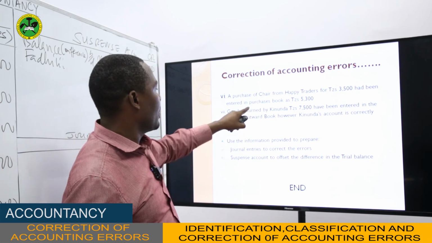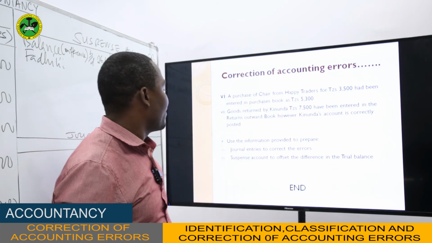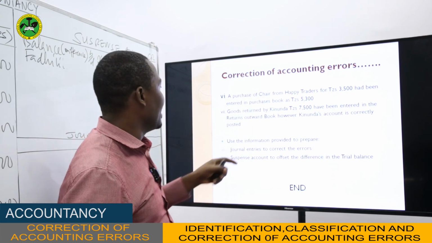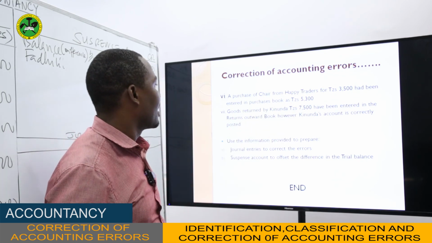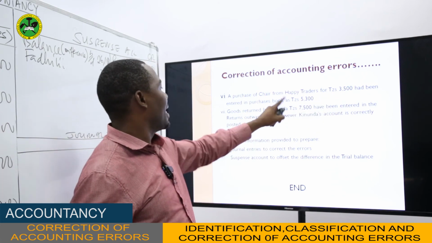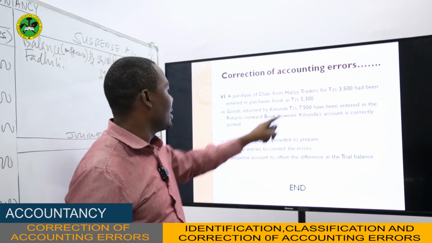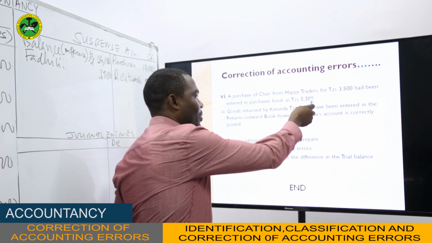So we are supposed to debit furniture account and credit Happy Traders by 3,500. But in fact, it was entered in the purchases account as 5,300.